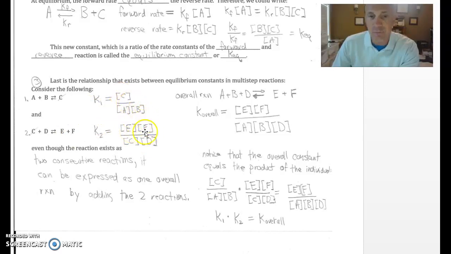If I do find practice problems where these are applied, I will certainly point them out. But as for right now, you would be expected to know that this relationship exists, but in terms of doing a specific reaction where it asks you to apply this, as for now, I'm not going to hold you responsible for that. That's it for this video.